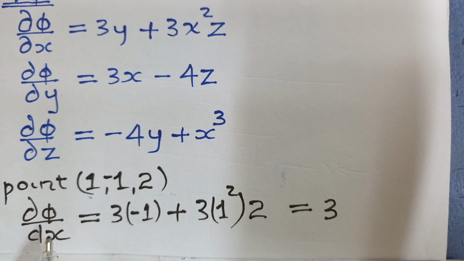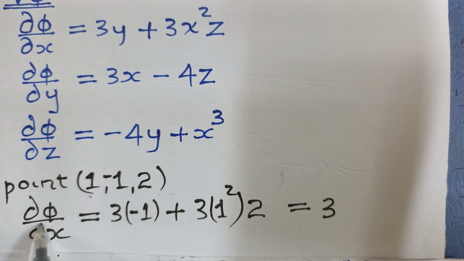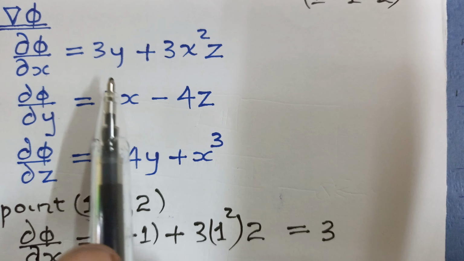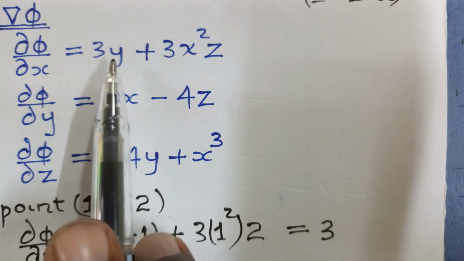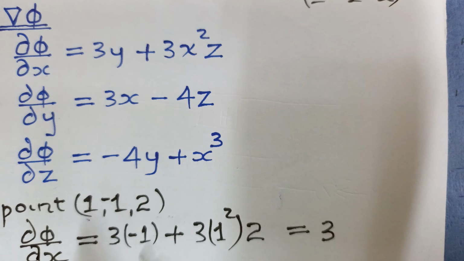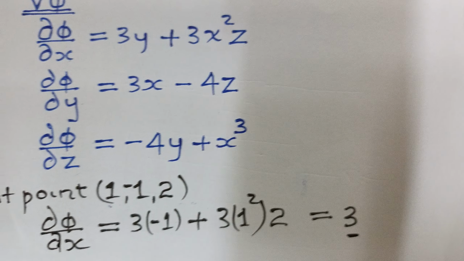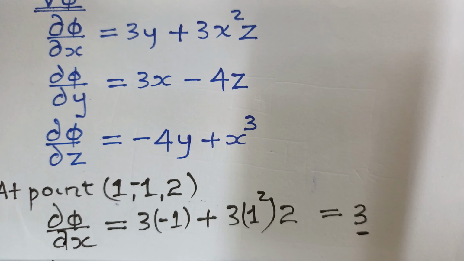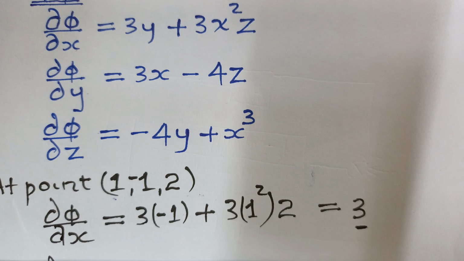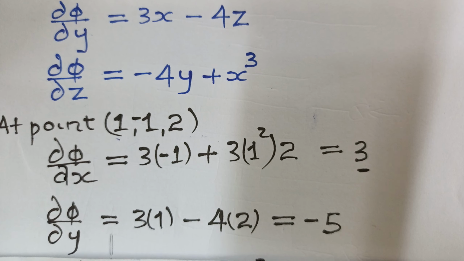For the value of the first derivative, that is the partial differentiation with respect to x, this is the equation we are talking about. We now replace y with -1, x with 1, and z with 2. And this one now gives us 3. Going to the next equation, the partial differentiation with respect to y, we do the same.